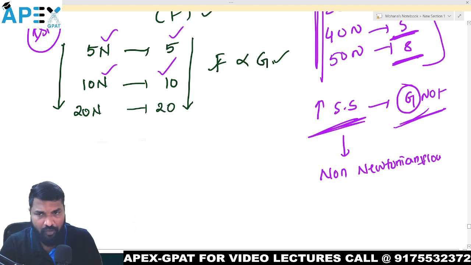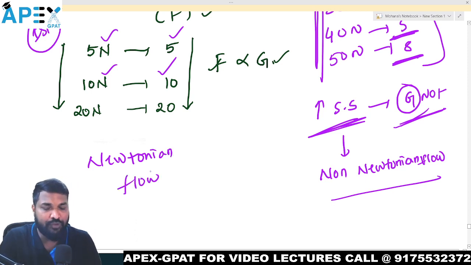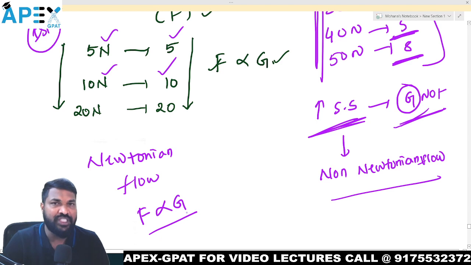Now it is clear, we have two types of flows. One is the Newtonian flow, the other is the non-Newtonian flow. In the Newtonian flow, shear stress is directly proportional to the rate of shear.